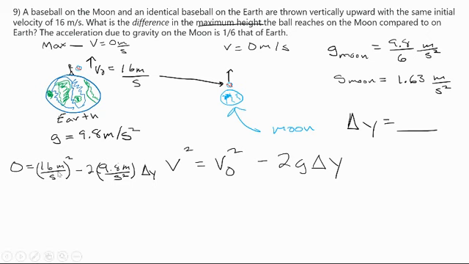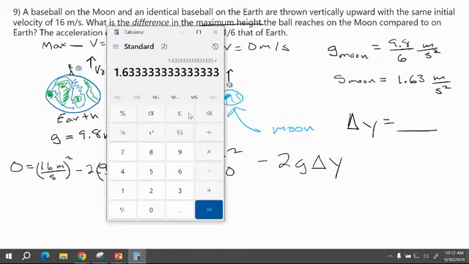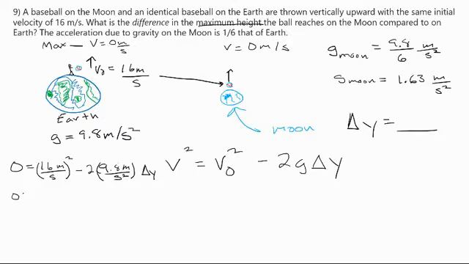So this one is going to be 16 squared. Let me pull up my calculator. 16 squared is 256. So over here I've got 0 is equal to 256.